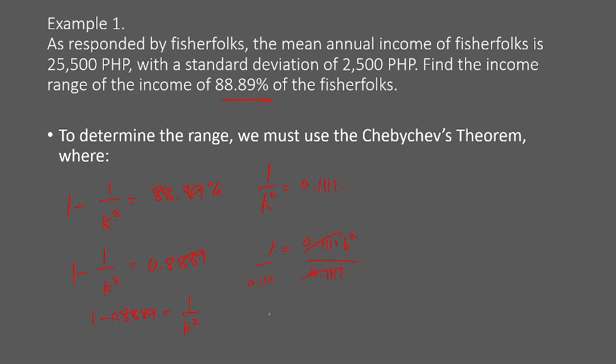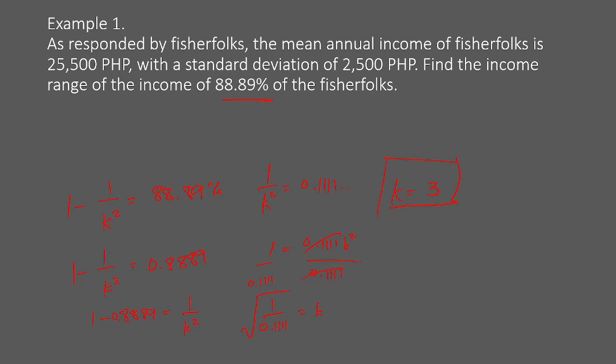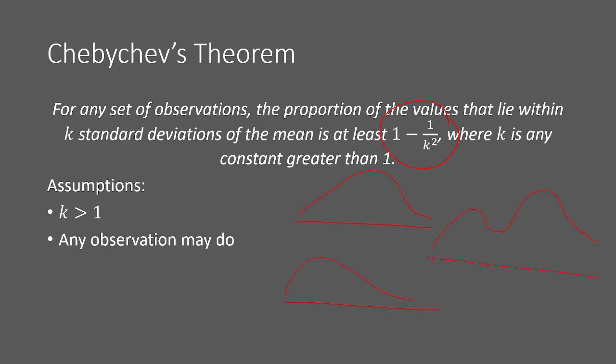Tapos ito, yung ating 1 over 0.1111 equal to our k squared. We just need to get the square root of that, and that will actually be approximately equal to 3. So, anong ibig sabihin yan? Going back to our definition of Chebyshev's, ang ibig sabihin lang nung nakuha natin na k, i-multiply lang natin yun doon sa standard deviations from the mean.